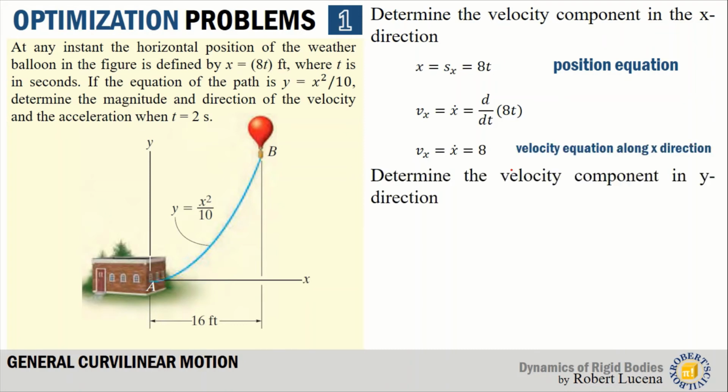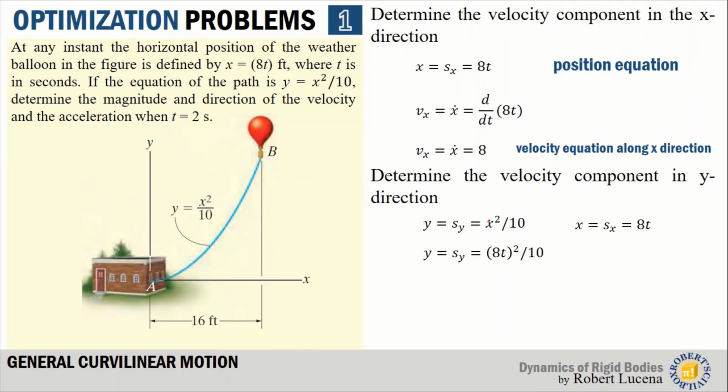Now let's determine the velocity component in y direction. So the velocity in y direction could be determined by having the position equation about y. Now, y is equal to x squared over 10, and we can get vy by simply differentiating the position equation in y component. So y now is equal to x squared over 10, but as you can see, x is equal to 8t.